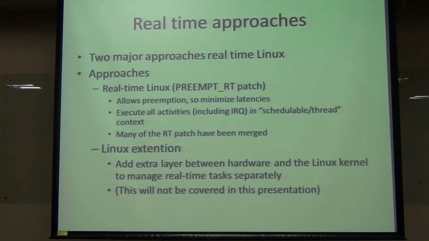that type of application. So real-time Linux is trying to make the kernel as preemptible as possible, allowing preemption so that latency is minimized, because if you can preempt more, then you can respond faster than holding out preemption all the time.